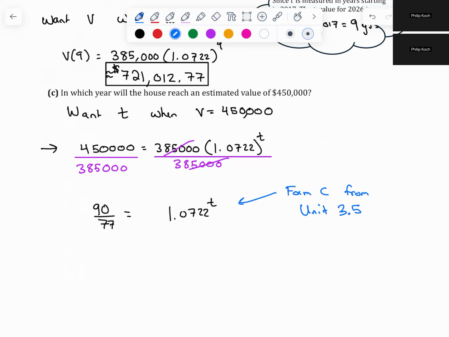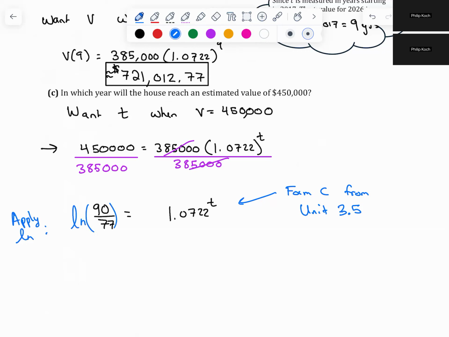That's what this is. So you could do it in two ways. You could apply natural log, or you could apply log base 1.0722. However you want to do it, it's fine. Do you want to do natural log or log base 1.0722? Natural log. That's probably the convention. So apply ln.